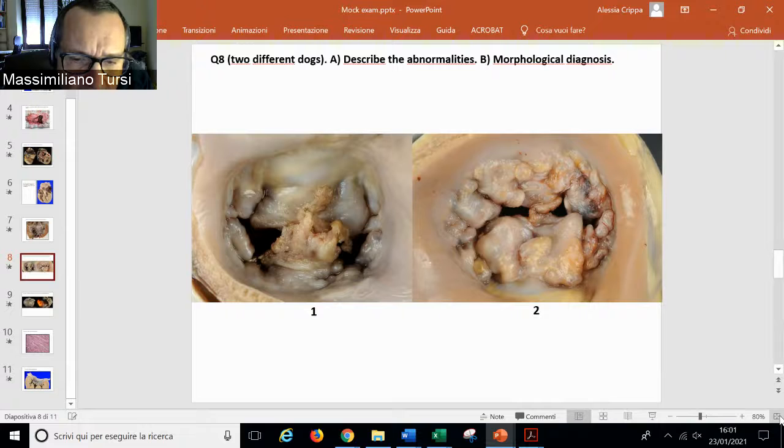On the right side, the number two picture, we see in the leaflet diffuse severe thickening with some kind of nodules, also whitish, yellowish in color, and with a normal endocardial surface. So the first is proliferative endocarditis, and the second is myxomatous degeneration.